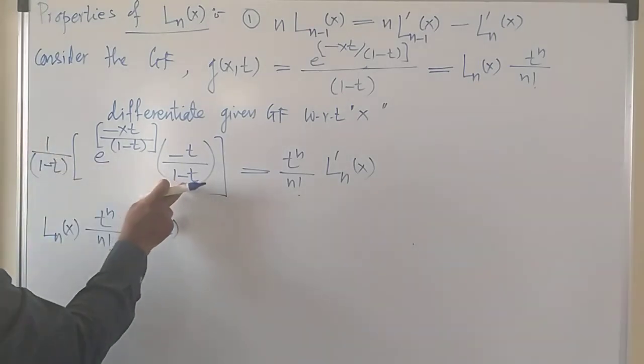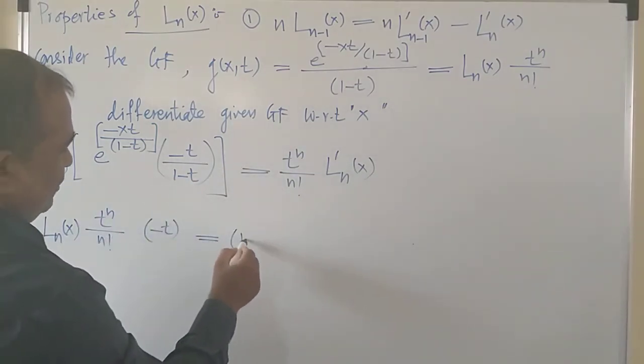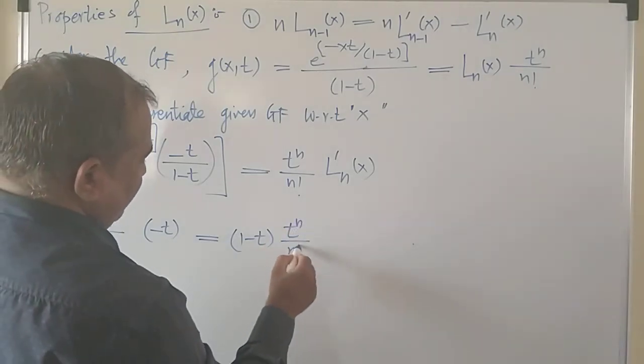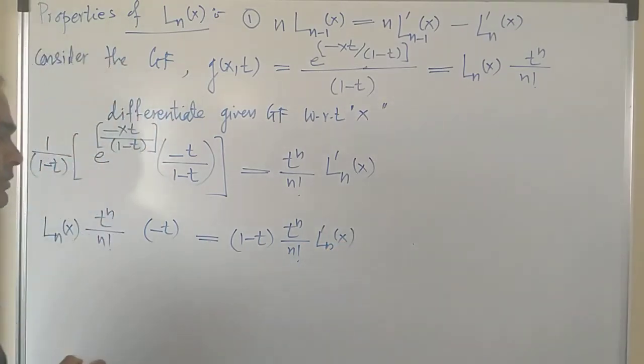This 1 minus t I will shift to the other side, and it will be multiplied: 1 minus t into t raised to n upon n factorial into Ln dash of x.